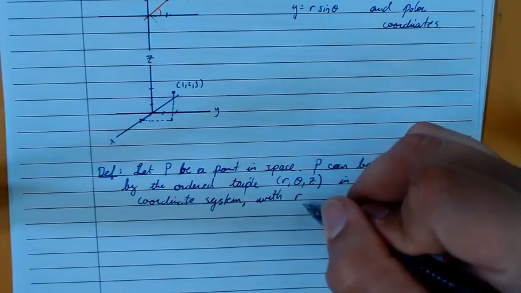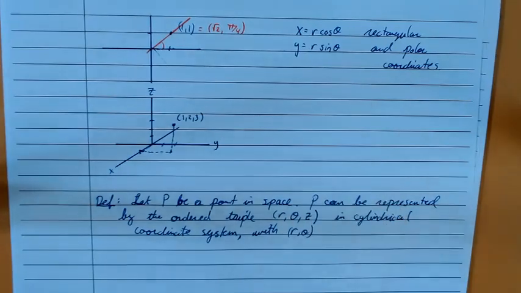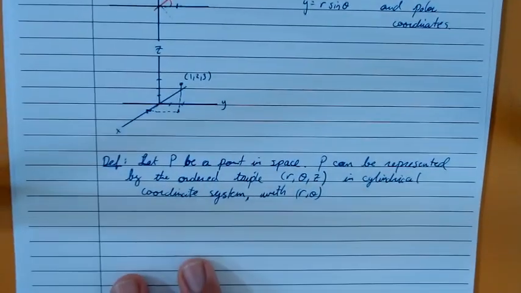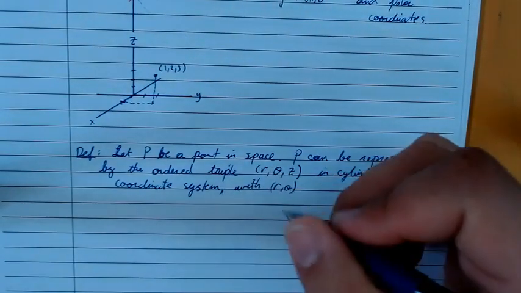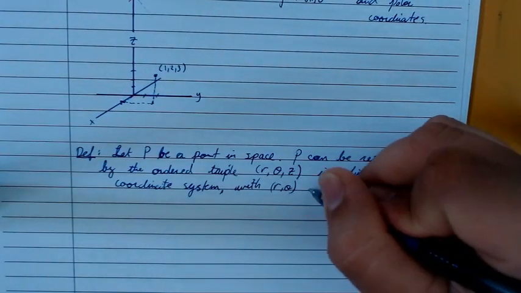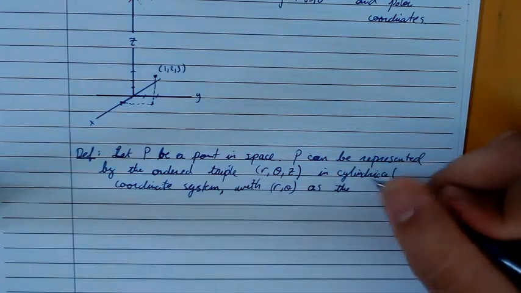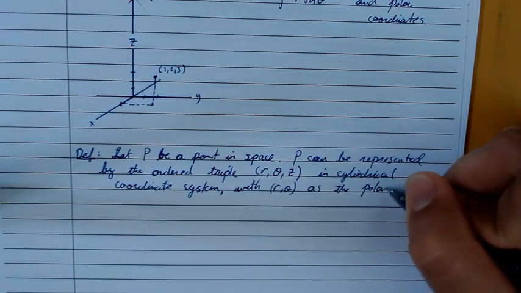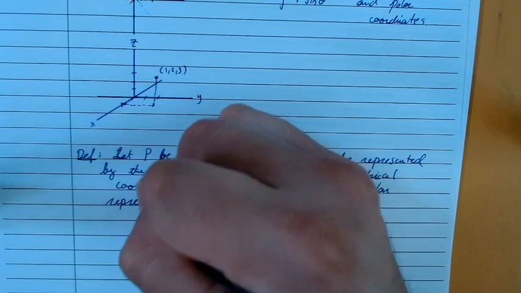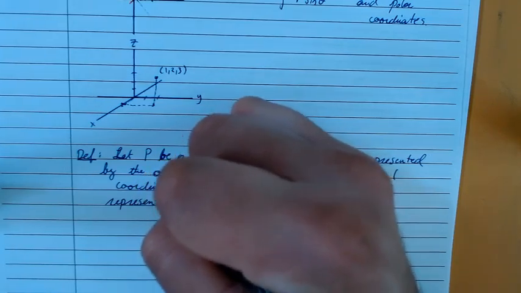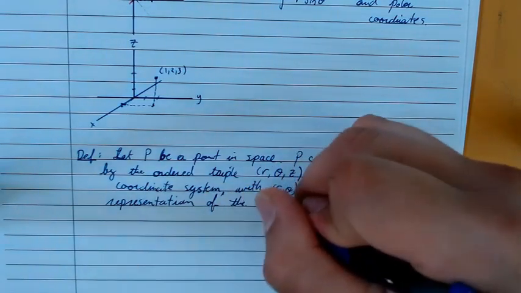With r and theta, it's not a coincidence we use the same symbols as above. Those mean the exact same thing that they did in polar coordinates. Here, r and theta as the polar representation of the projection.